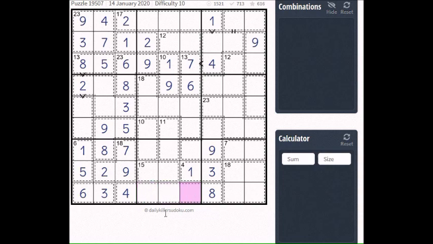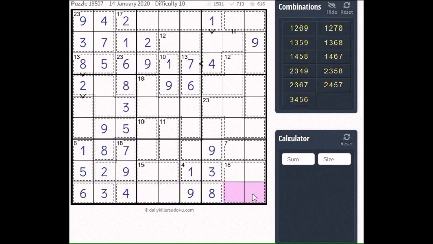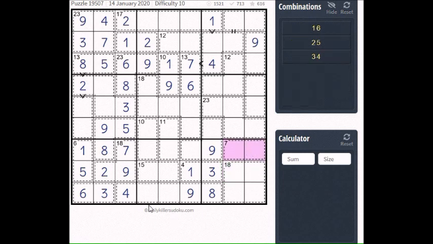Note that also the 9 must be there. Now here we have 2, 5. Here we have 1, 7 with a sum of 8. So this must be a 10, which is 4, 6. And here we have 2, 5, 2, 5, 7, 8.